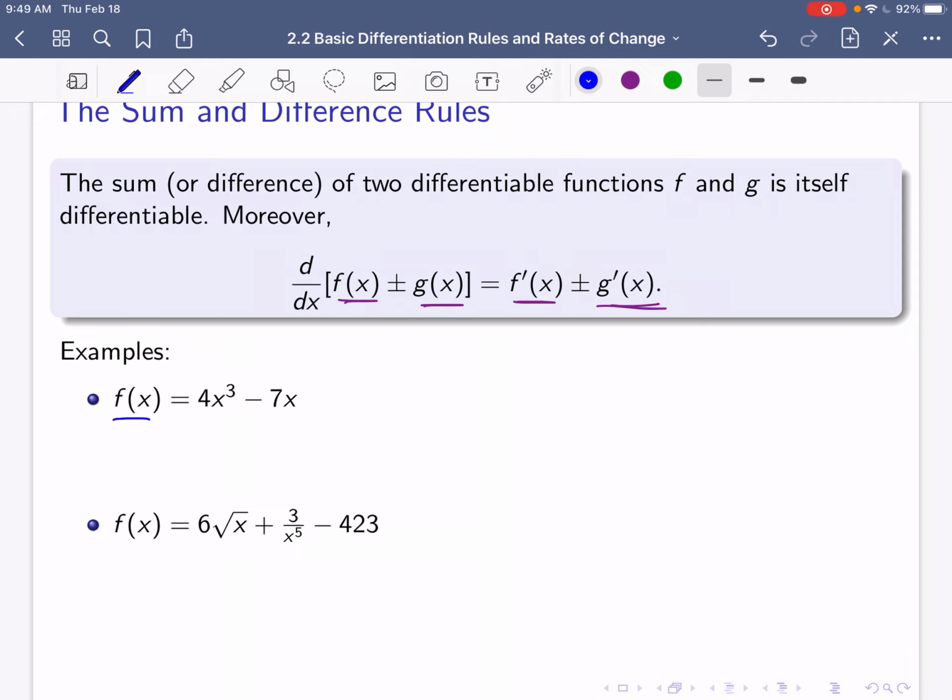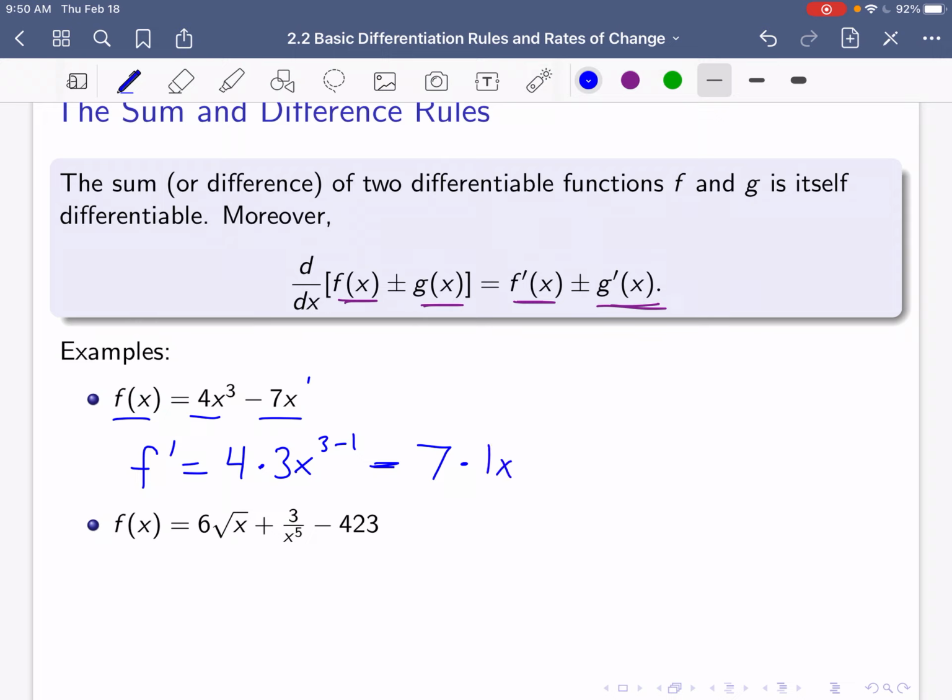So if our function is 4x cubed minus 7x, our derivative is, so we can take the derivative of the 4x cubed piece by itself. And so we have the 4, power rule on x cubed, we bring the power down, and then we subtract 1 from the power. And then we can take the derivative of the 7x piece. Right? So that's 7 is the constant. The derivative of x, you can think of that as x to the first power.